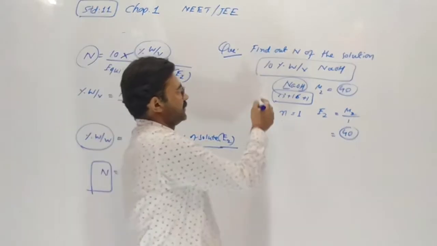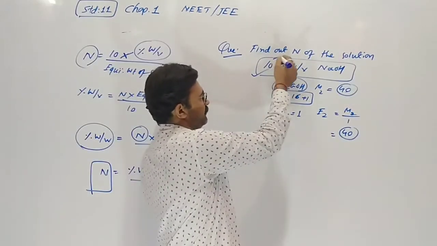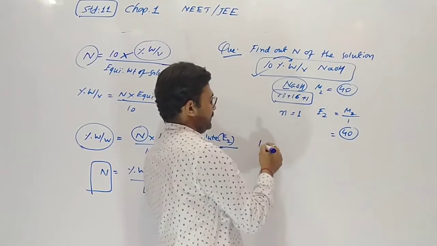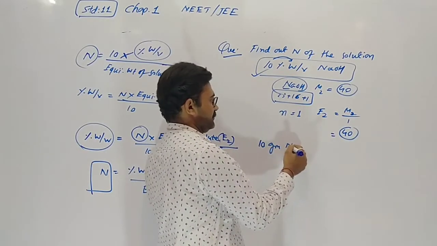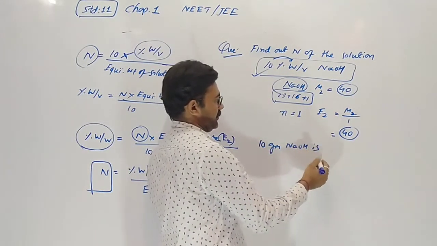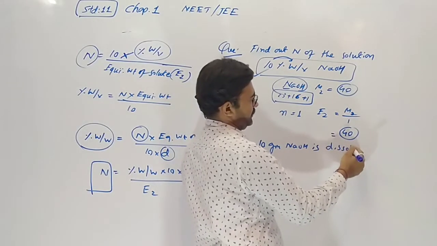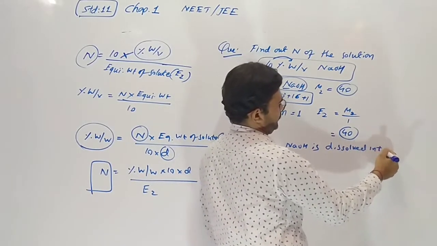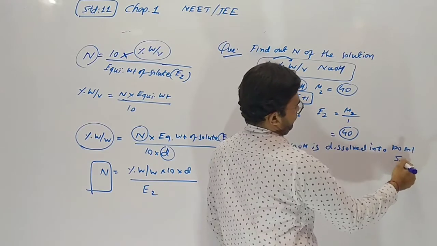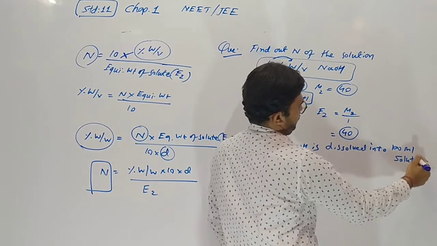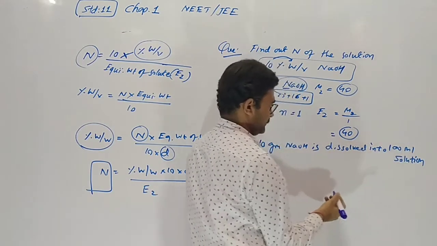Now percentage should be in reference to 100. 10% weight by volume means 10 gram NaOH is dissolved in 100 milliliter solution.